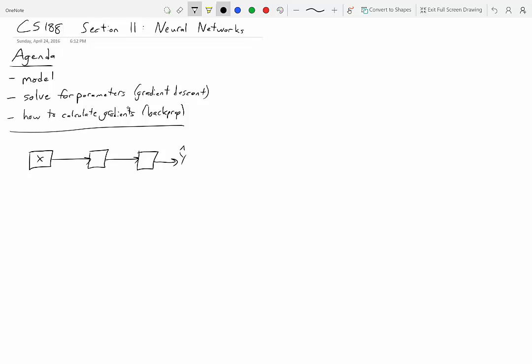Now, remember what we're doing. This is going to be the same thing as perceptrons. So our task is supervised learning, where we have a bunch of data points X with labels Y. So for example, we saw this in Perceptron.